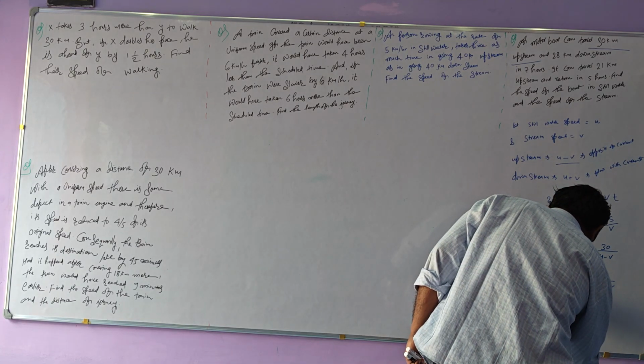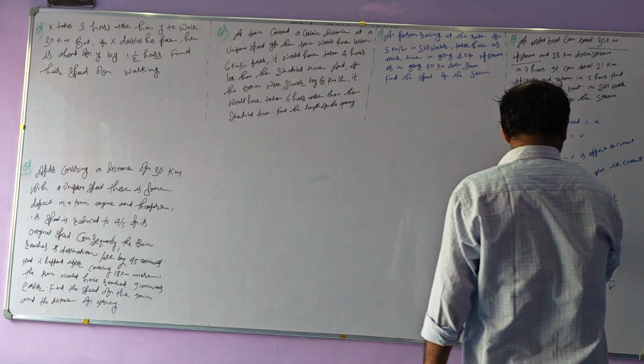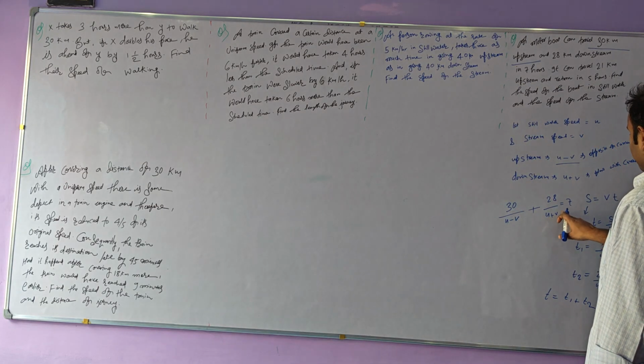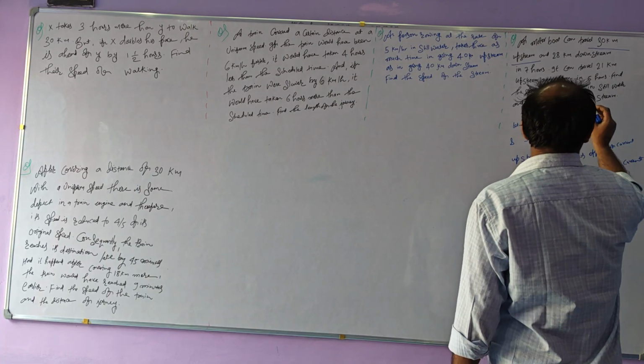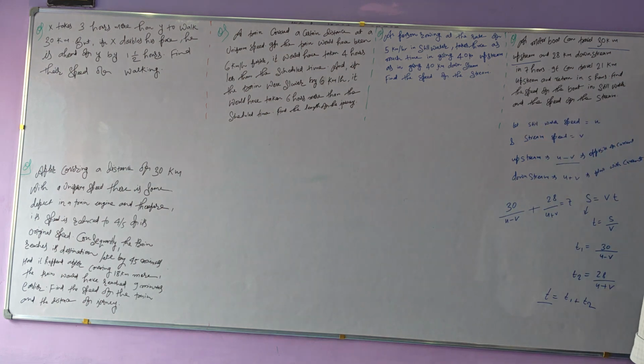Total time T is equal to T1 plus T2, that means the sum of 30 upon u minus v and 28 upon u plus v is equal to 7, and overall time is 7 hours.